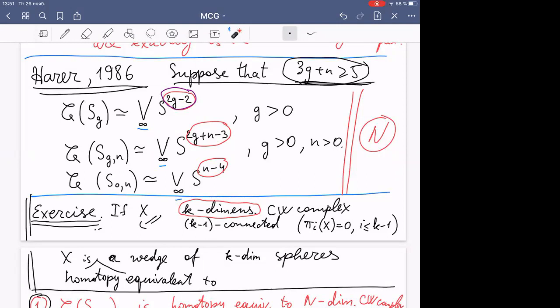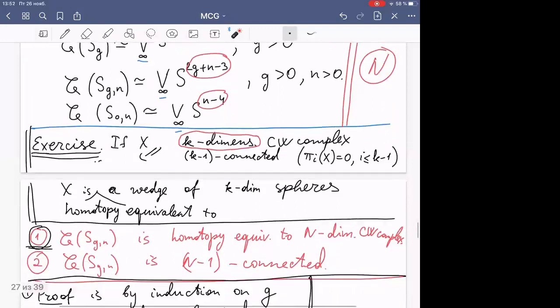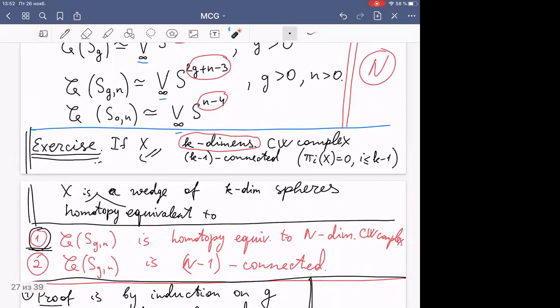Now we would like to prove the second claim, that this complex is connected with the corresponding level of connectedness.